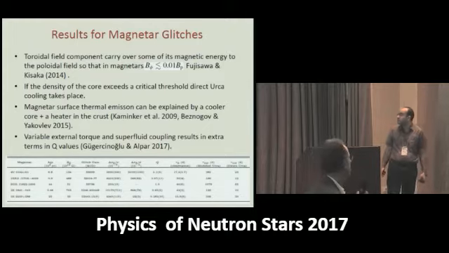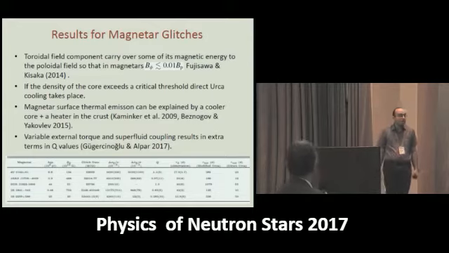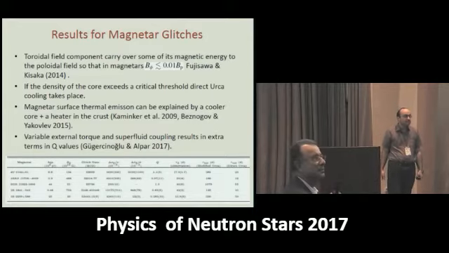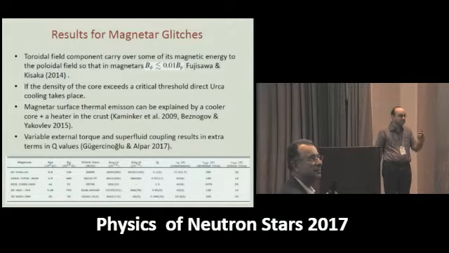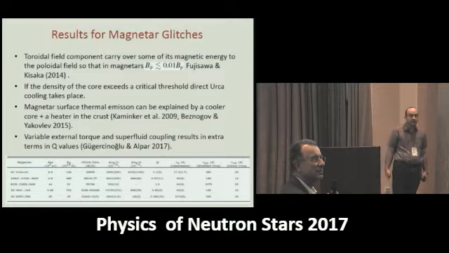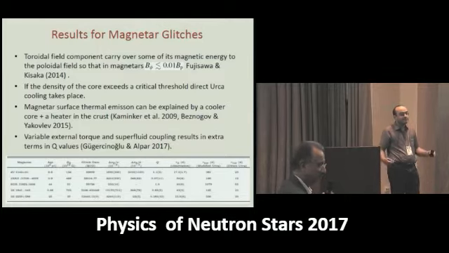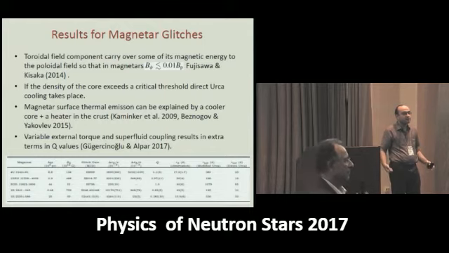Well, for the magnetar case, I used 1.8 solar mass, which is above the critical threshold for the Akmal-Pandharipande-Ravenhall equation of state. And the magnetar's magnetic field can be explained by a massive progenitor neutron star, and also a massive neutron star in terms of dynamo activation.